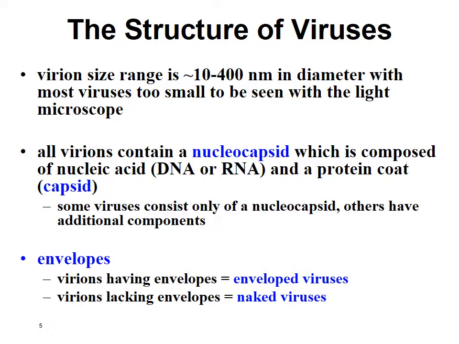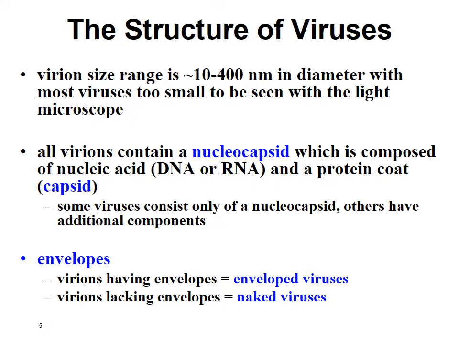So now let's just summarise what we've learned about the structure of viruses so far. All virions contain a nucleocapsid, which contains one or more pieces of nucleic acid, either DNA or RNA. The nucleocapsid is surrounded by a protein coat called a capsid.